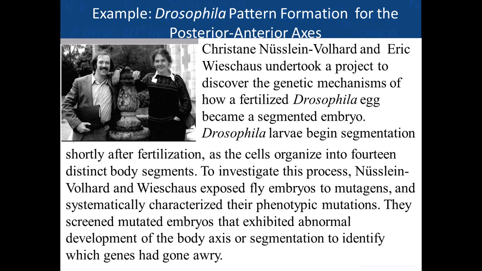Once they found those deformed larvae, they would systematically characterize their phenotypic mutations and identify the gene responsible for the development of the axes. So they were able to identify which genes had gone awry.